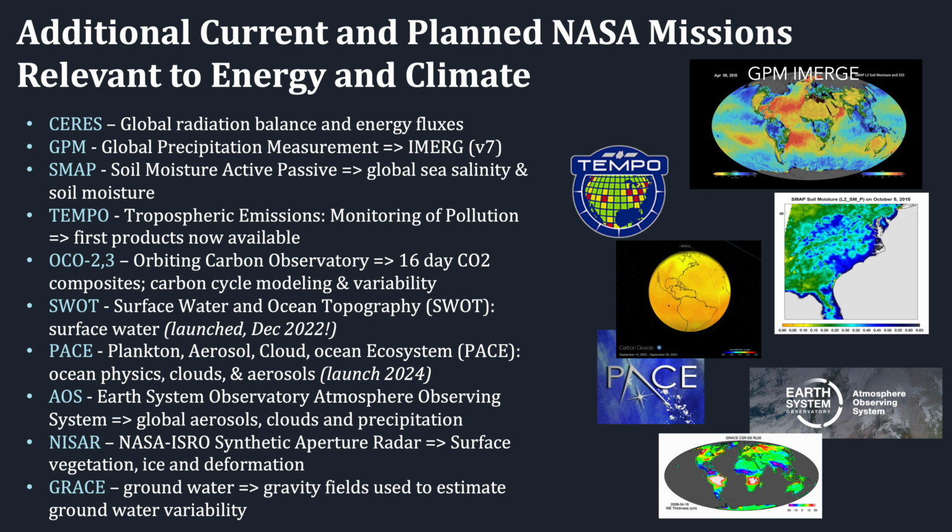So I've already mentioned CERES, and there's a follow-on mission for that. GPM is the Global Precipitation Measurement Mission with an IMERG data product that's doing global precipitation at 10 kilometers, okay? It's a new version, so you have to go back. One of the things I'd point out is that these data products get processed, then they get reprocessed.